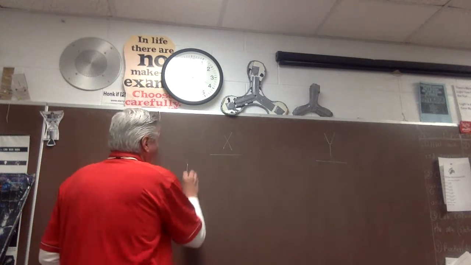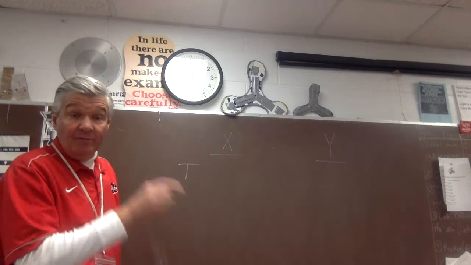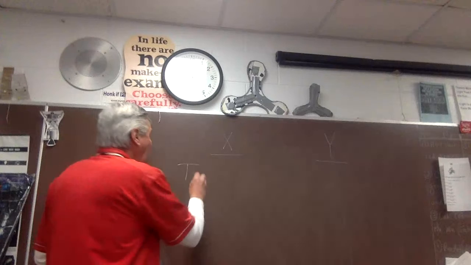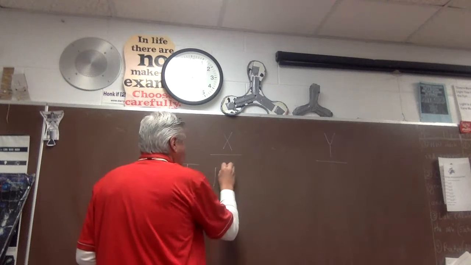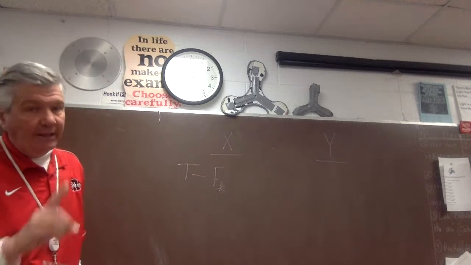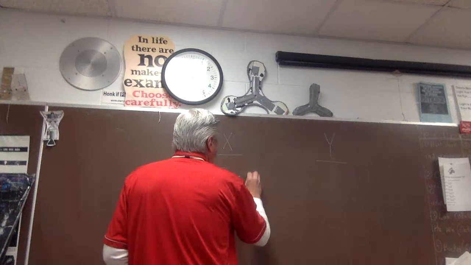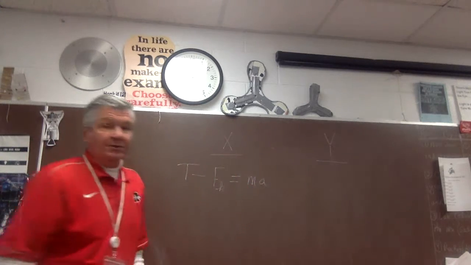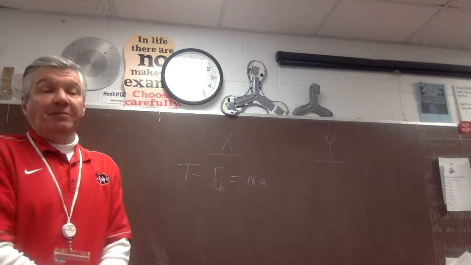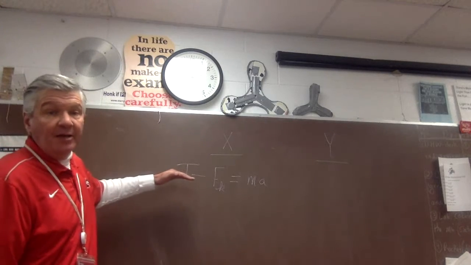You have a force of tension that was positive, remember, minus the force of friction. Again, we don't know the amount yet, but we do know it's there. And that's going to be equal to mass times acceleration. If you look back at your free body diagram, this is what's being explained.